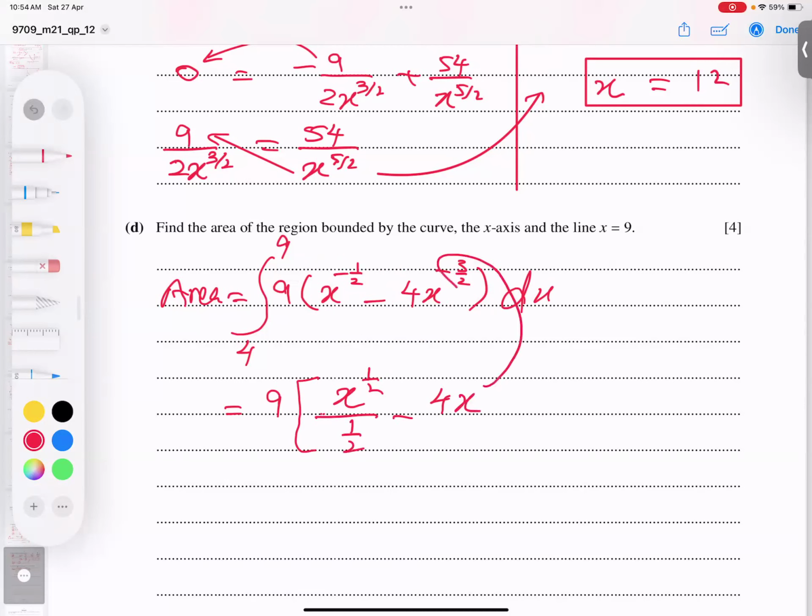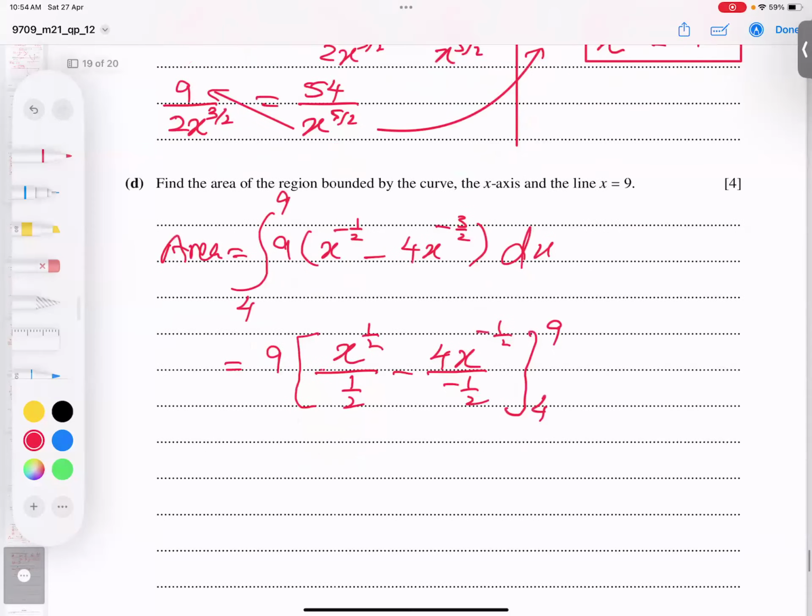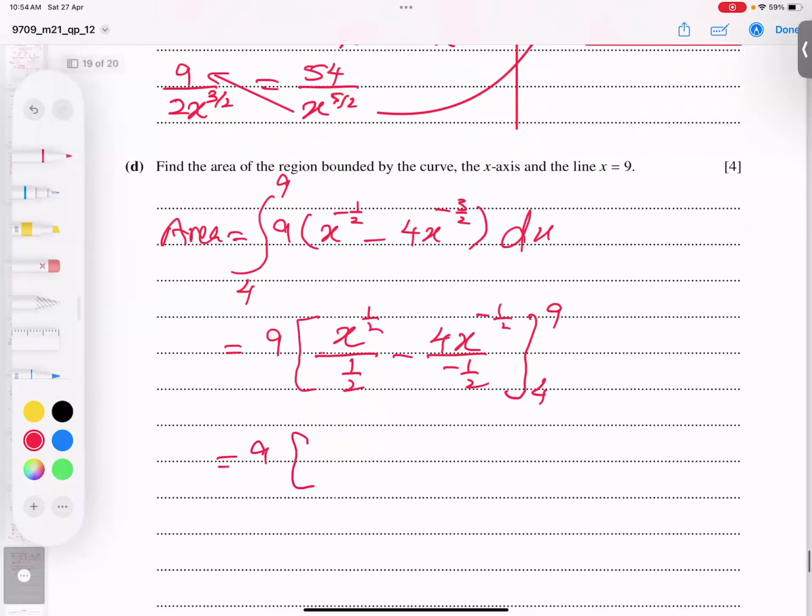Increase the power by 1, I get negative half by negative half, with the limits 4 to 9. Okay, simplify as much as possible, please don't put the limits in yet. Basically, students, when fractions come in the denominator, I show you, the half will flip. You can check in the calculator even. And this half, I'm writing as root. Negative into negative, positive, 2 times 4 is 8.